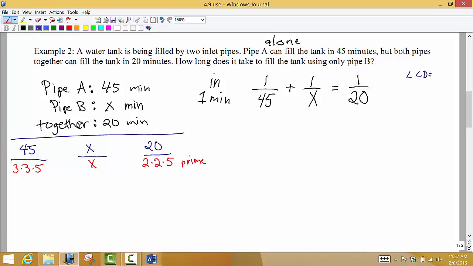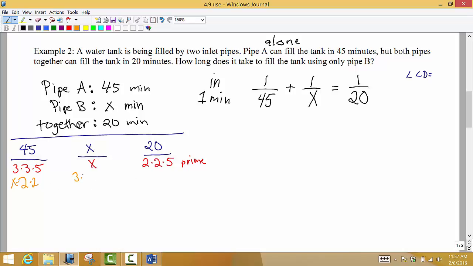We want to multiply in exactly what we need to each one to make them match. So the 45 has a 3, a 3, and a 5. This neighbor has an X that it doesn't have, so we're going to multiply in a missing factor of X. The neighbor down the road here, the 20, has a 2 and a 2 and a 5, and so we need to multiply in the missing 2's. If I work from the perspective of X, X is missing all of the numbers that its neighbors have.